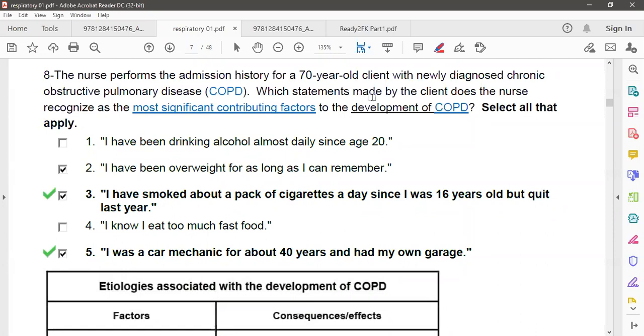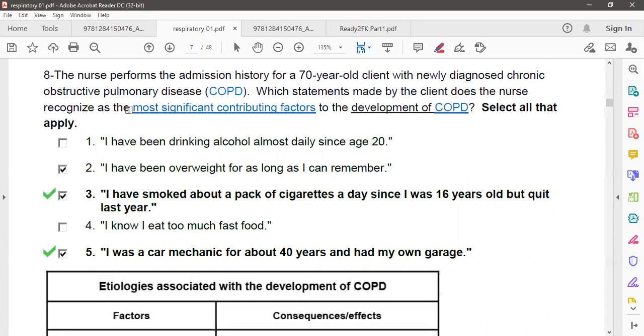Which statement made by the client does the nurse recognize as a more significant contributing factor to develop COPD? What are the significant factors, or what are the signs, symptoms, or risk factors that favor diagnosing COPD?